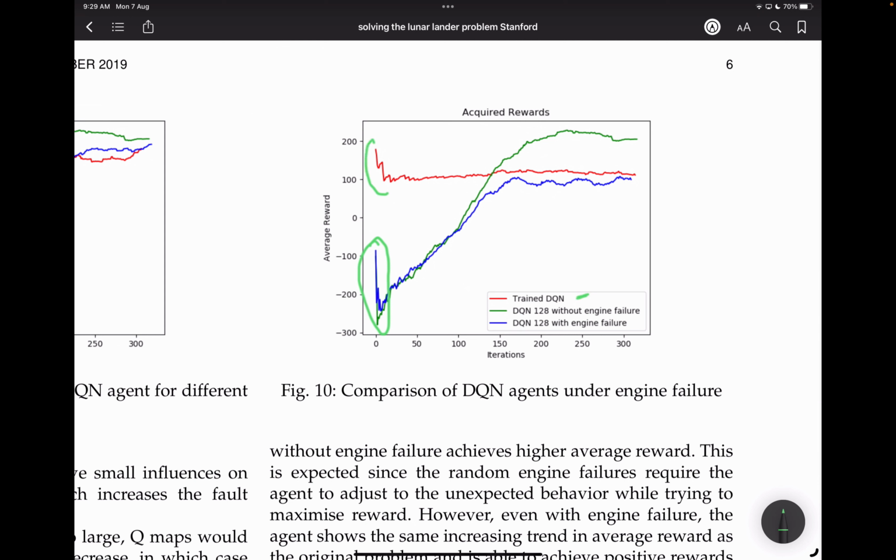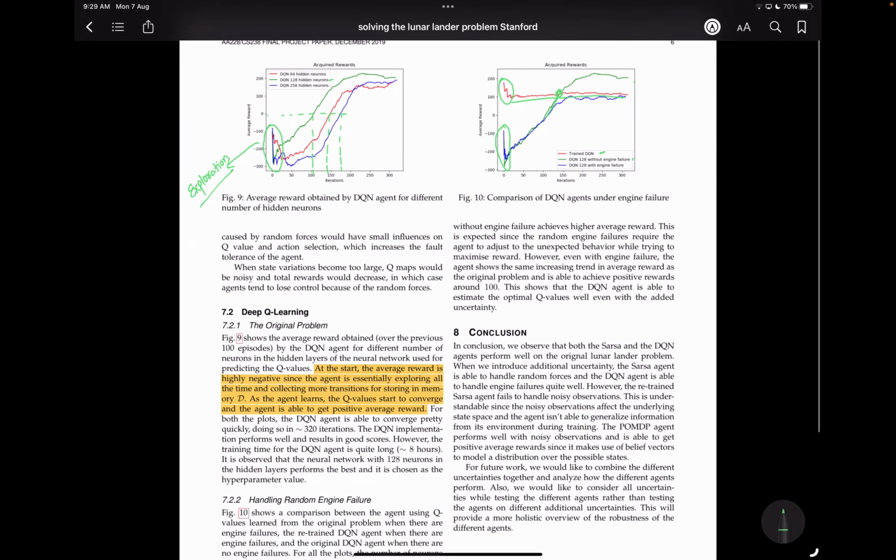The spike started from this place and it was already in the positive and it continued like this. Even though the 128 DQN was able to surpass it at this point, you can see that a trained DQN performed much better, right? And even if the agent would not fail, it will do much better in the green one. But in the usual everyday scenario, engine failure could be possible. So the blue line did pretty well, not that bad and not that well, right?